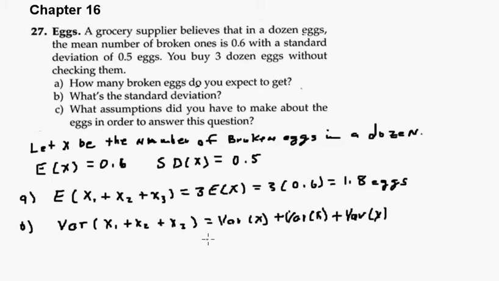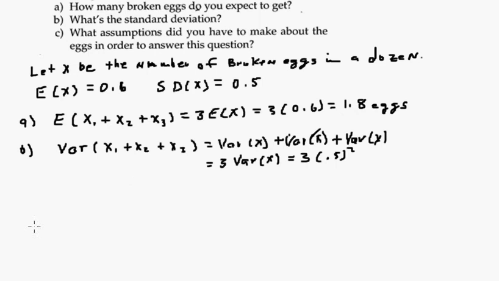And so that's going to be 3 times the variance of x, which is 3 times 0.5 squared. Okay, so now to find the standard deviation, we can say that the standard deviation of x1 plus x2 plus x3 is equal to the square root of 3 times 0.5 squared.